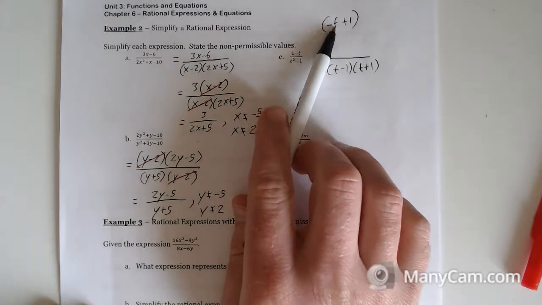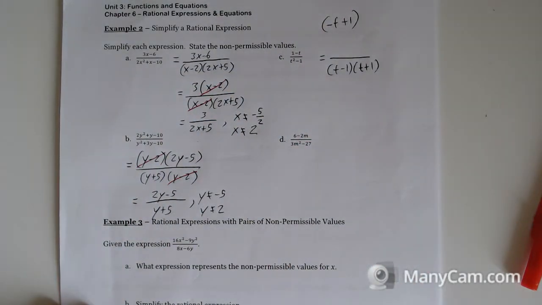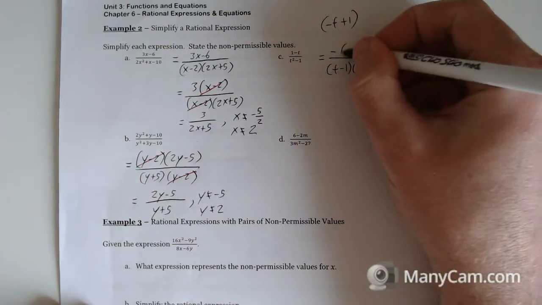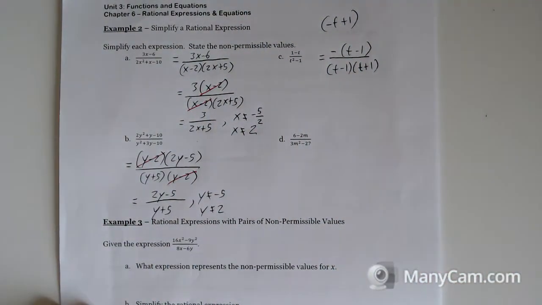So changing this one to have a leading coefficient that's positive means common factoring -1 out. There's no other reason to common factor -1 other than put it in good form. So a negative t minus 1 is actually how we want to write that top expression. Put it in the right order and make the leading term positive.